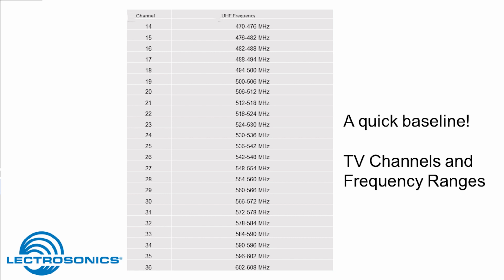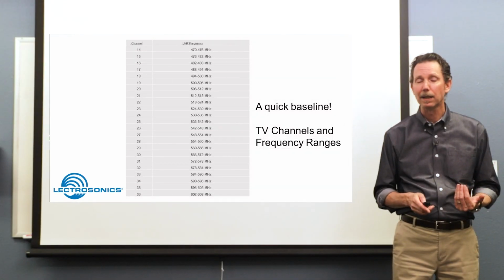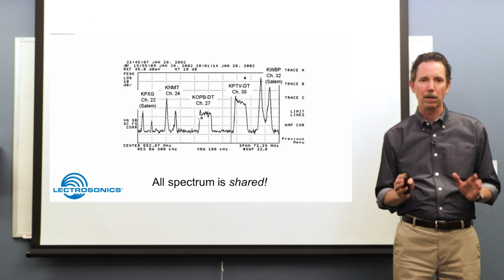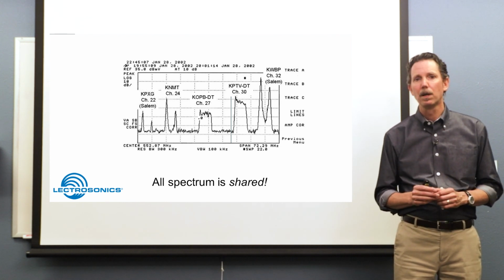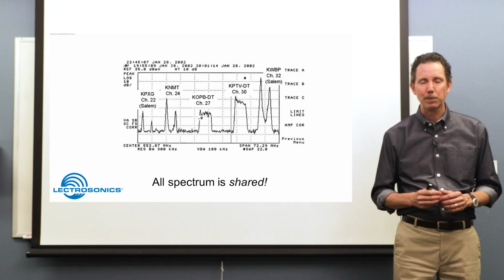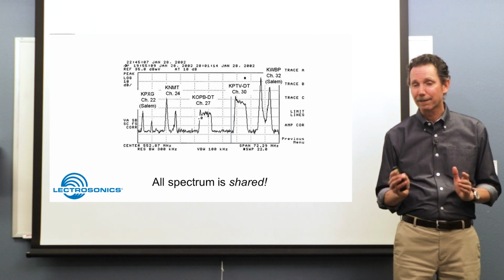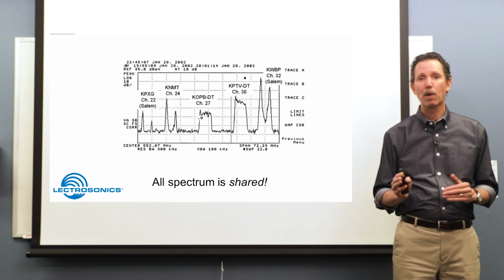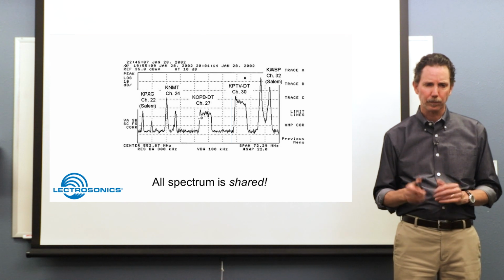In the United States, each TV channel takes up about 6 megahertz of spectrum. So there you go. And this is what we have to fit into. Another point I'd like to make is that everything that we do in our business of audio for churches and other live types of events, we are sharing spectrum with somebody, no matter which part of the frequency range that we're in.